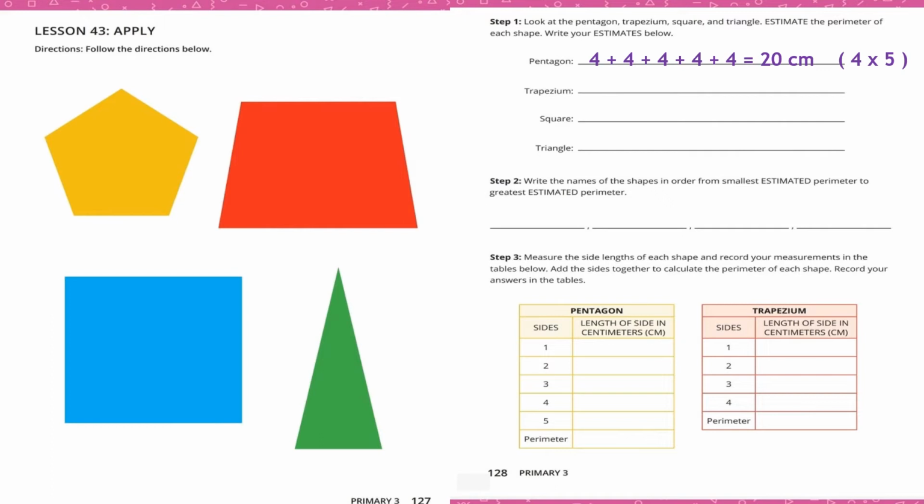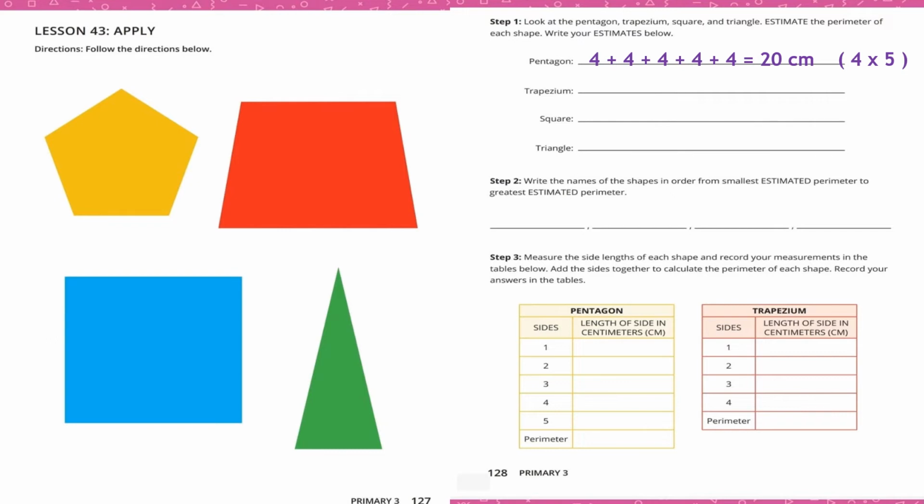So if I wanted to find the perimeter, I will add all sides. 4 plus 4 plus 4 plus 4 plus 4. All of them equals what? 20. Here it's like repeated addition. We repeated 4 5 times. So 4 times 5 equals 20. 20 what? 20 centimeters.